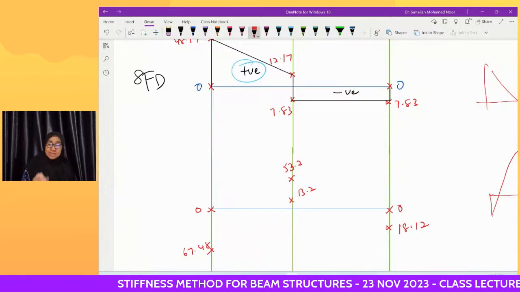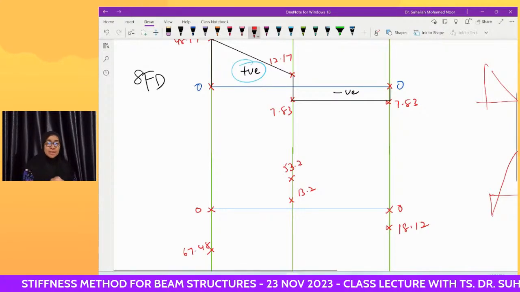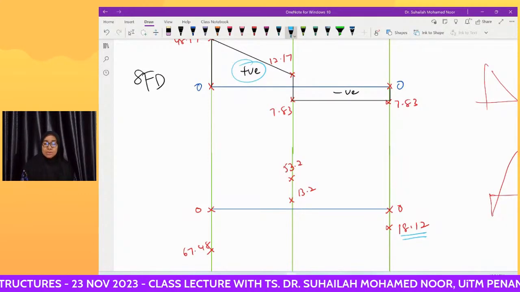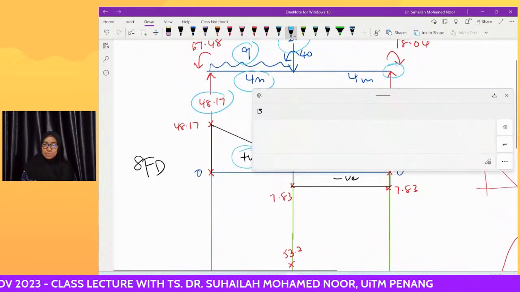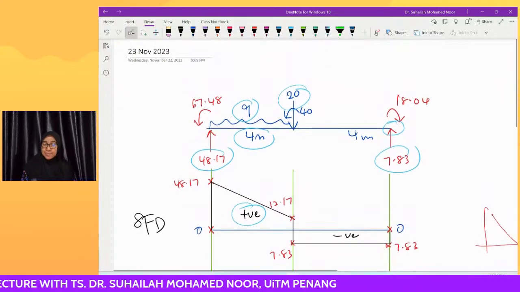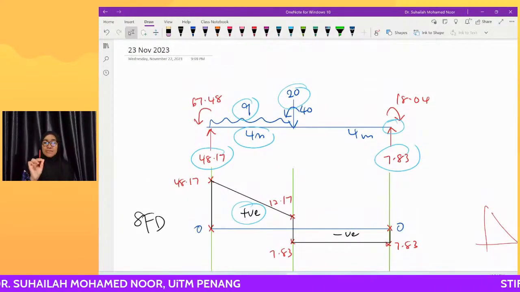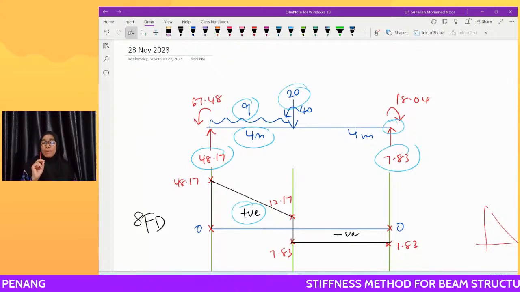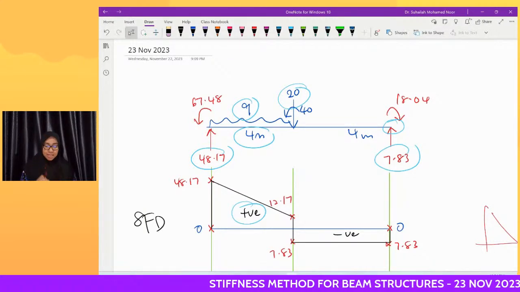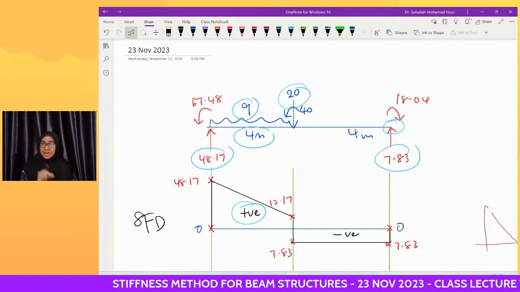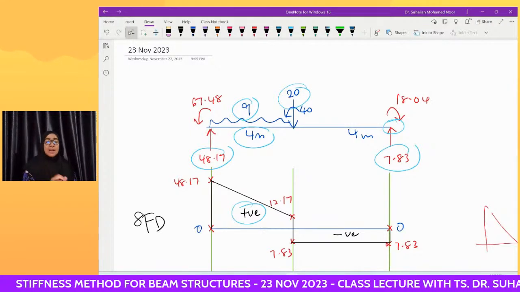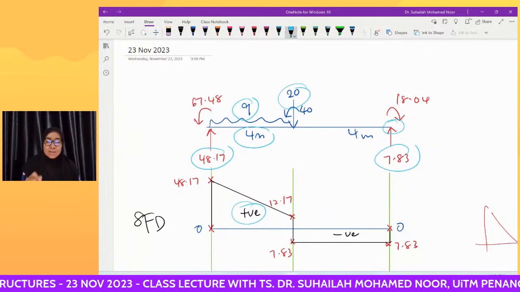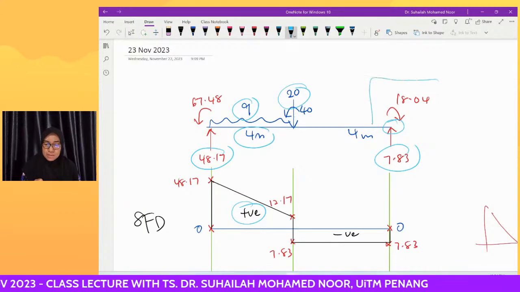This means we have to refer back to the diagram. Look at the value of the last moment at C. It is 18.12, and then we now see the moment value here.